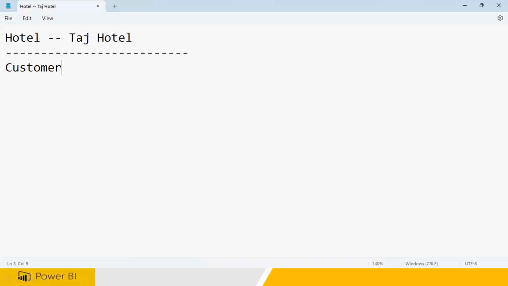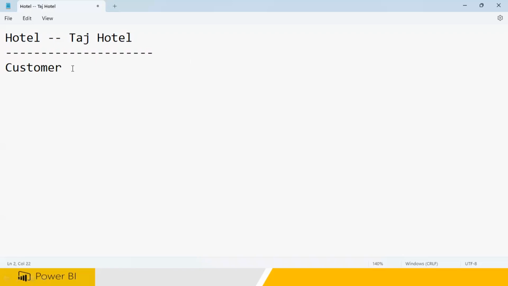I may be a single person, or I may go along with my friends and family. We are 10-15 people going to the hotel Taj to have the lunch or the dinner. So that is the case study I'm going to be using. Let us understand this case study clearly so that you can also understand the SDLC process very, very easily.